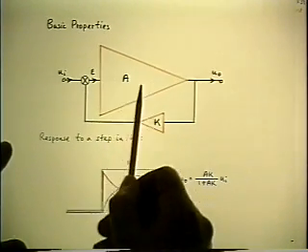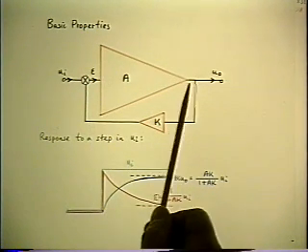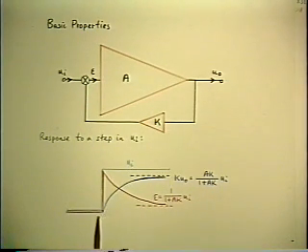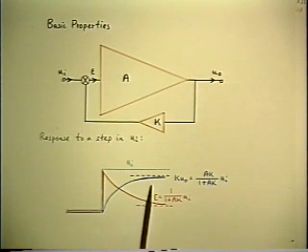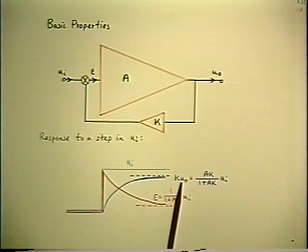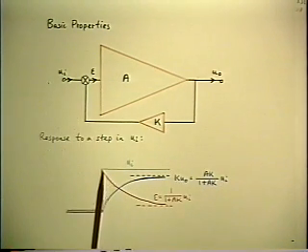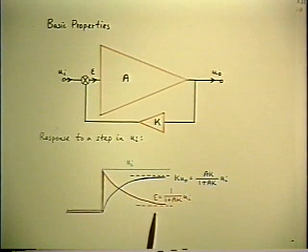Now that jolts the amplifier into noticing that something happened. So the output begins to rise from the zero initial value. So the fed-back signal begins to rise as well and begins to subtract from the original step, so the error signal decreases.